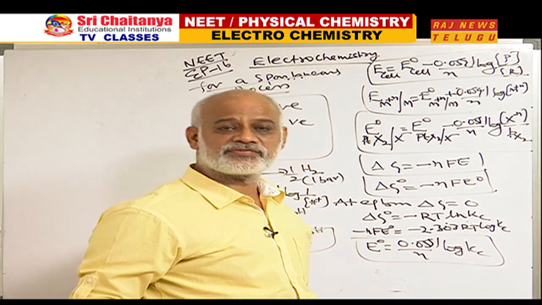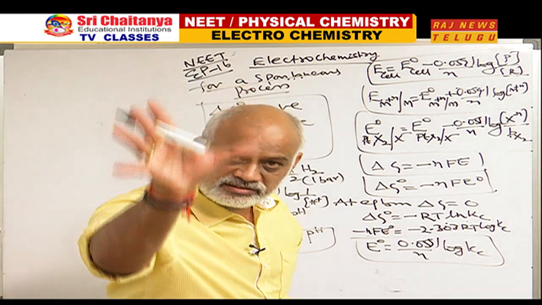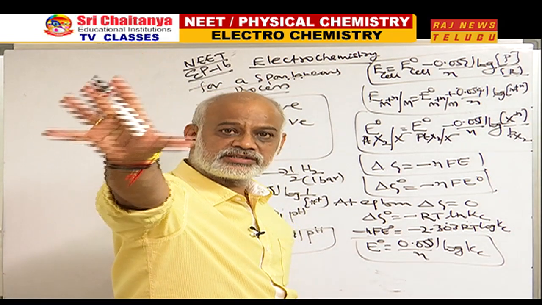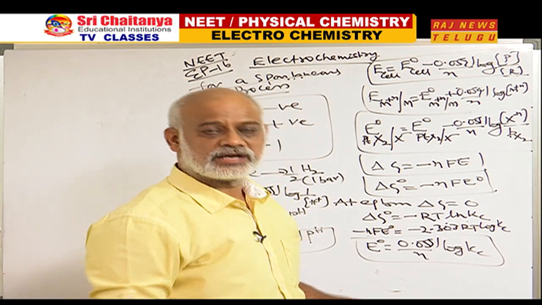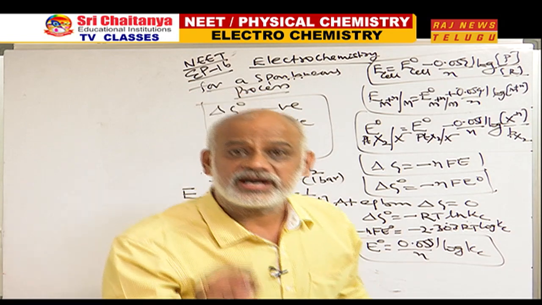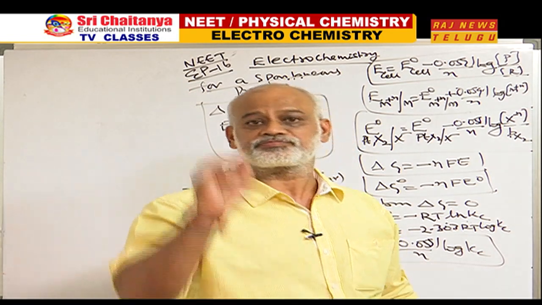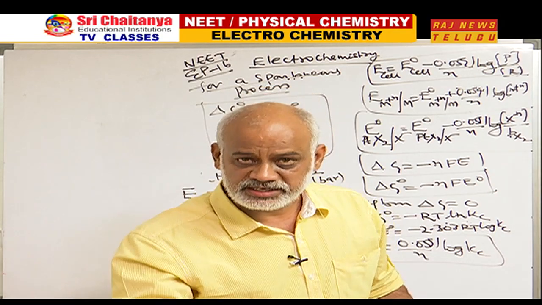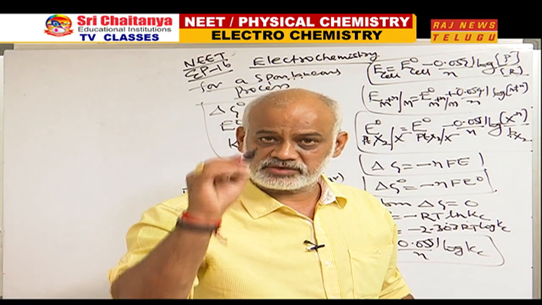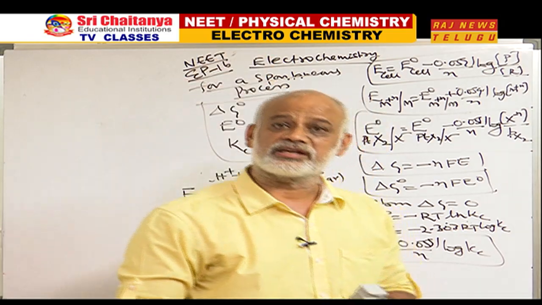If it is a half cell, write the reduction reaction, and again write products in the numerator, reactants in the denominator. So, the technique to be followed is always E is equal to E naught minus 0.0591 by n logarithm of product by reactant only.